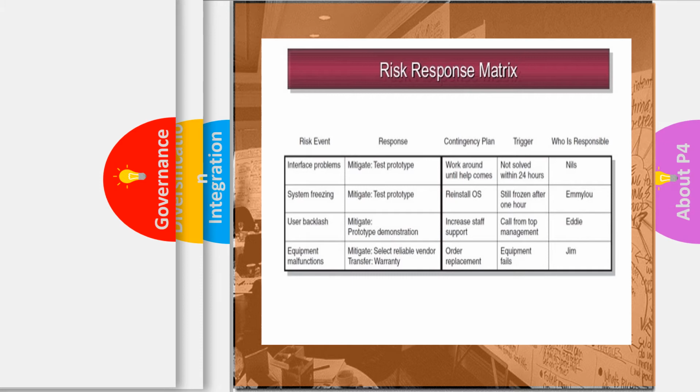So I would suggest that when you're looking at yours, you should have your risk breakdown matrix. You should have your degree or probability that these things could happen at certain elements within your breakdown structure. And then you can have your risk response matrix to determine what action you would actually take if that event actually happened.